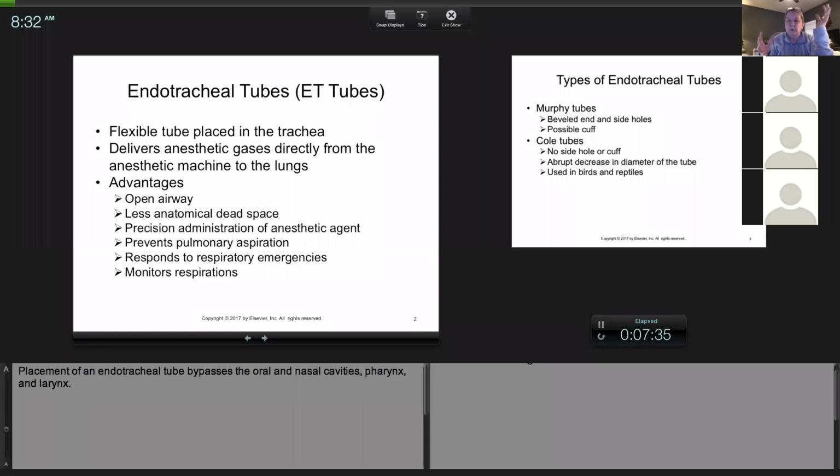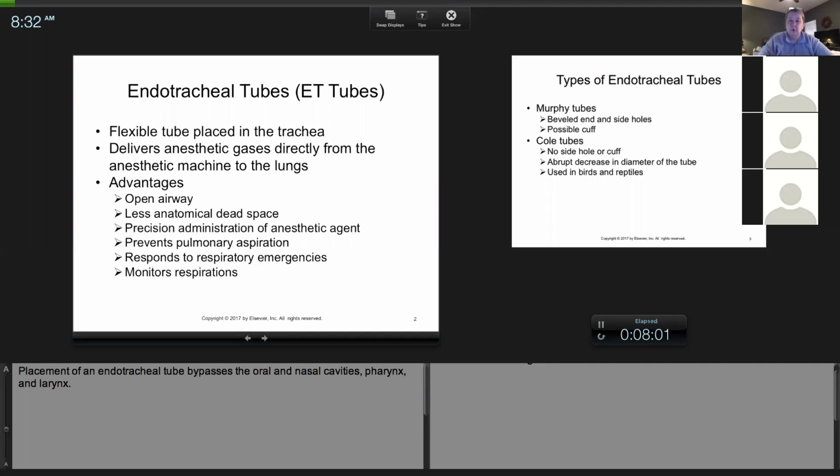You always want to put in the biggest tube you can for your patient. But what you're going to do is blow up that little balloon, and it's going to take up the whole space. So what happens if you have a tube in and the cuff is blown up, and they go to vomit? It's going to prevent that vomitus or aspiration from going into the lungs.